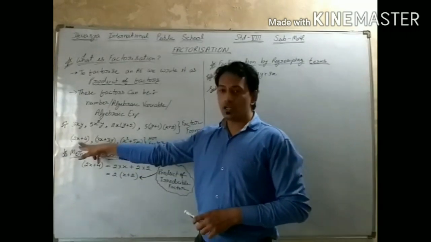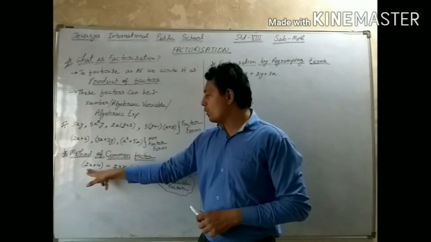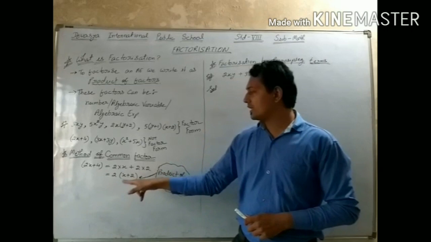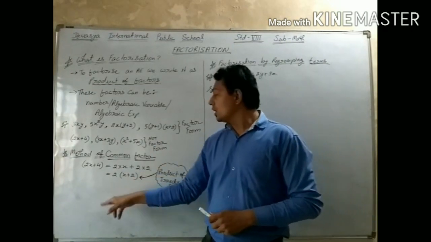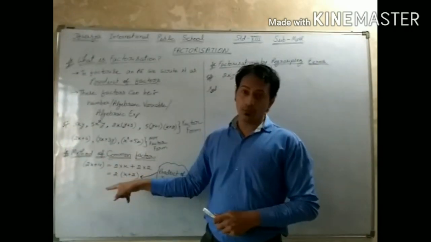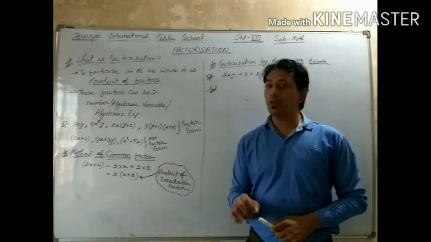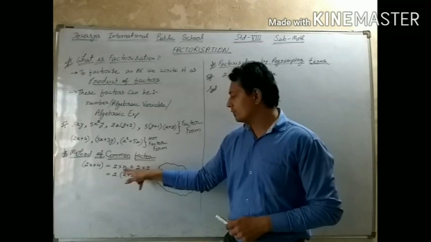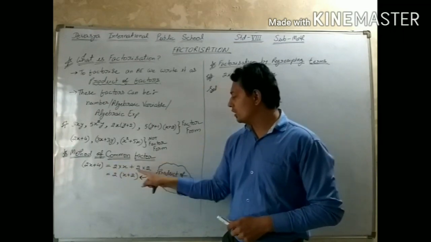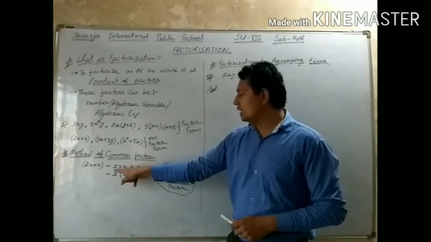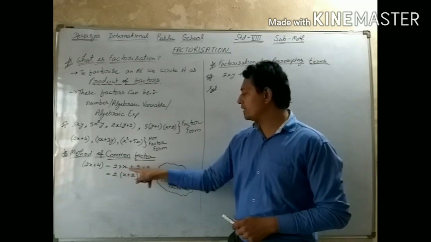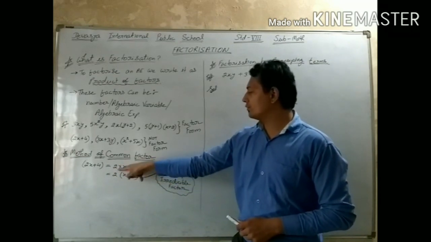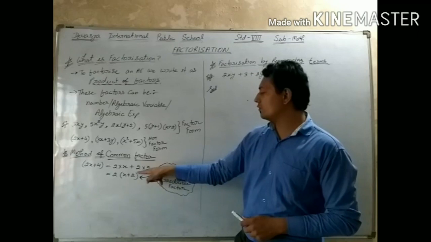Let's just take the first algebraic expression here. It is 2x plus 4. How can we write this algebraic expression? We need to write each term of this algebraic expression in irreducible form. We can write 2x as 2 into x, plus we can write 4 as 2 into 2. Now you see, in both the terms we have 2 as common. In this term we have 2 as common, and again here in this term we have 2 as common.